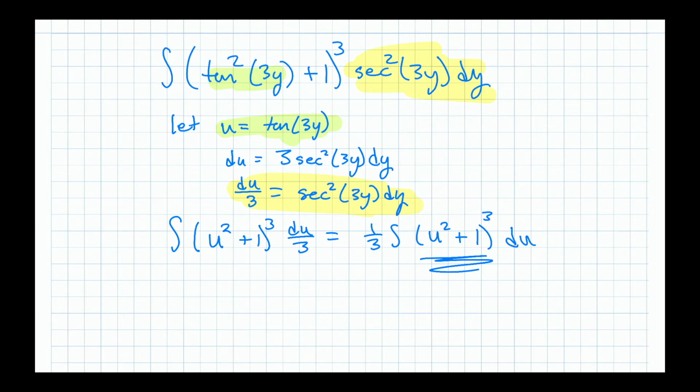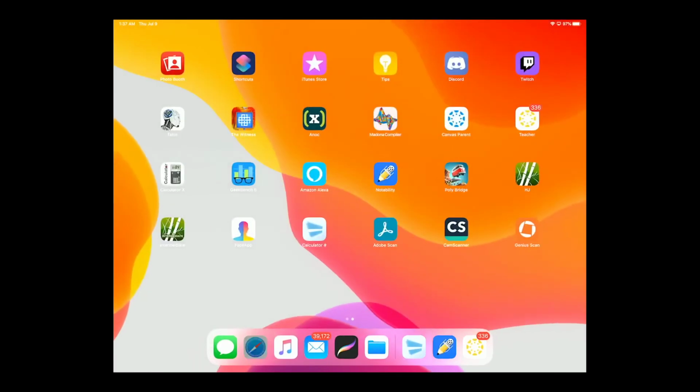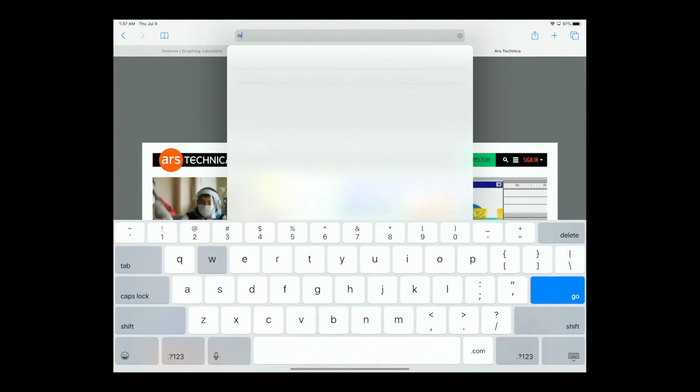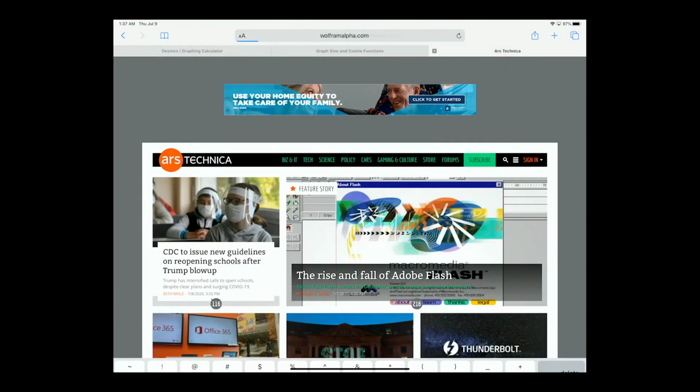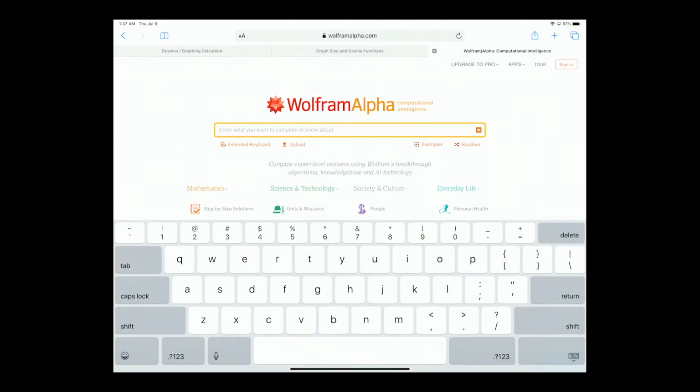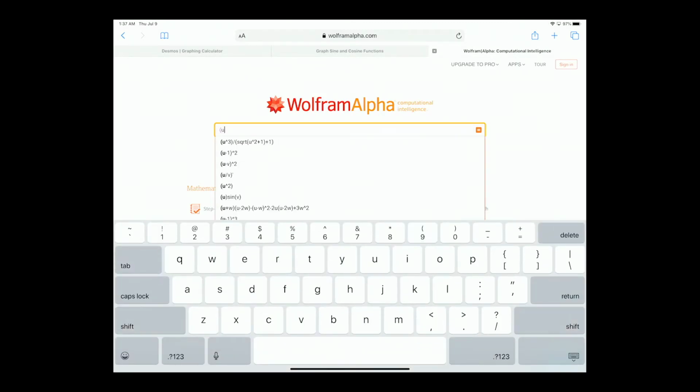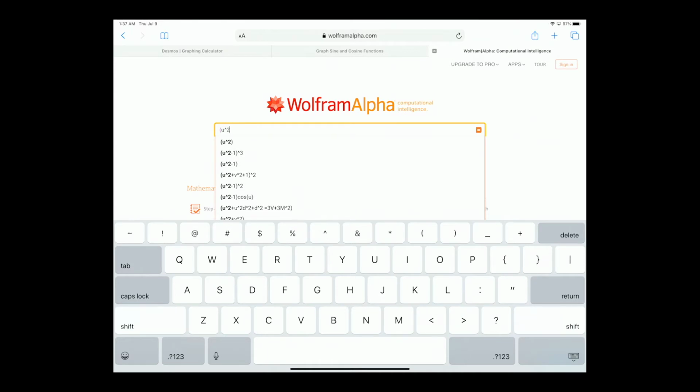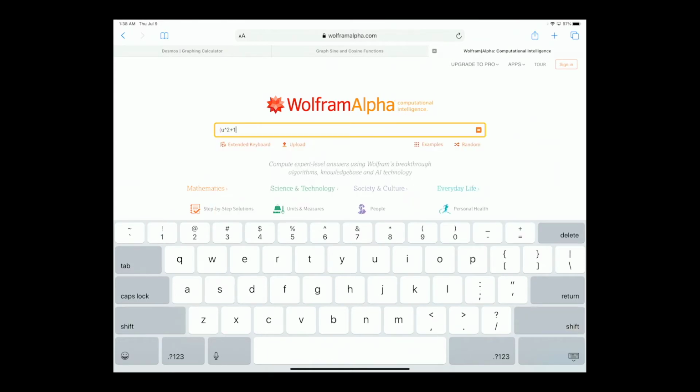But if it was a 4th power or something, what I would definitely do is I would just remember it, u squared plus 1 cubed, and I would head over to Wolfram Alpha. So I wouldn't use Wolfram Alpha for the whole integral, but I would use it for this. I would type in u squared plus 1 parentheses cubed.